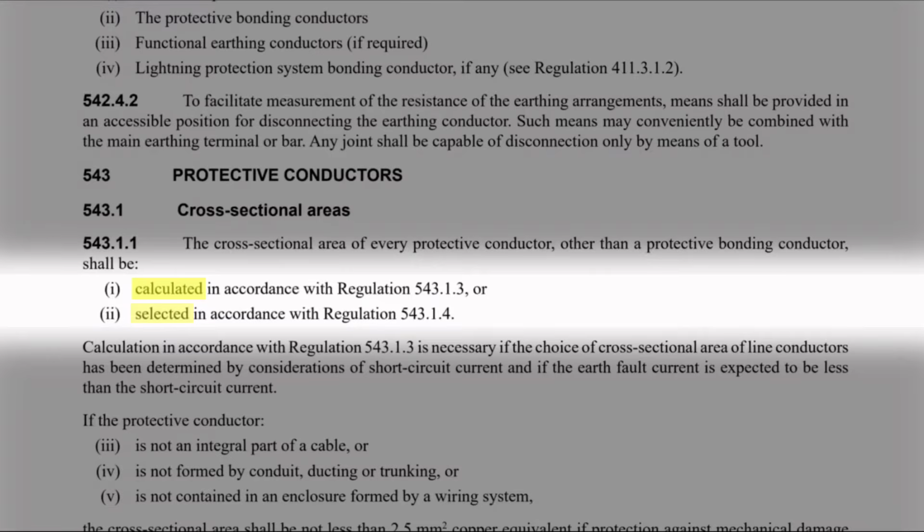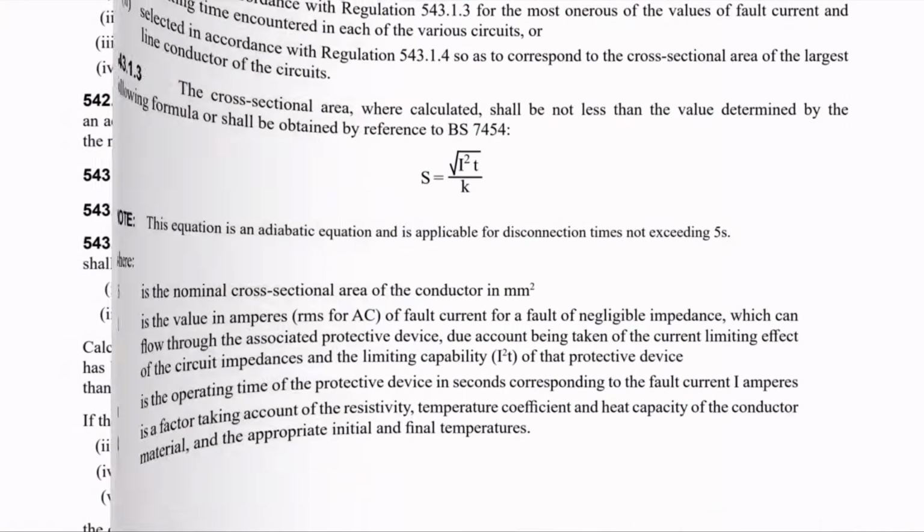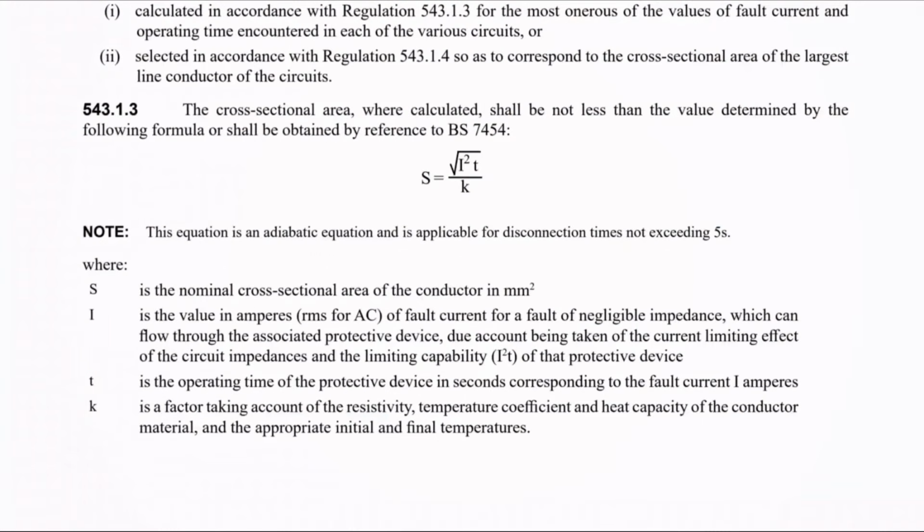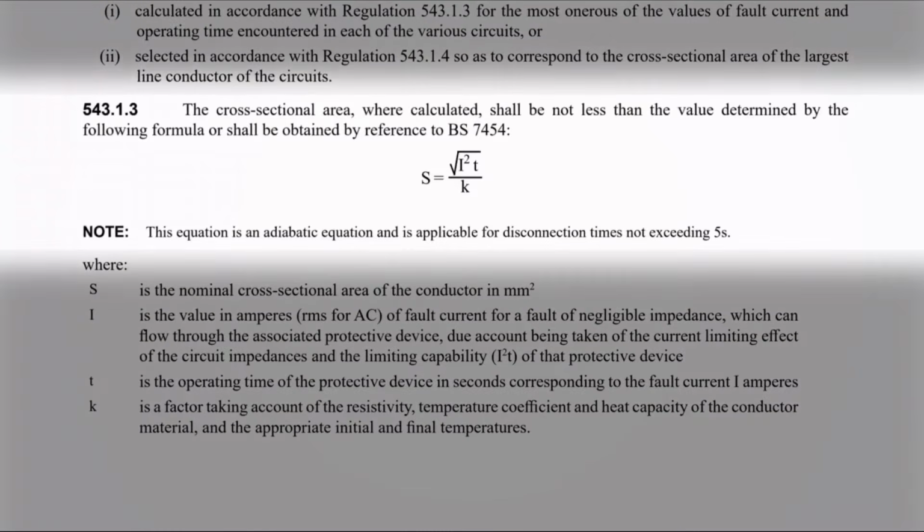So the option we've just considered is clearly out. So what happens if we use the other option? Let's look at regulation 543.1.3 and see what it directs us to do. It reads, the cross-sectional area where calculated shall be not less than the value determined by the following formula, or shall be obtained by reference to BS 7454.